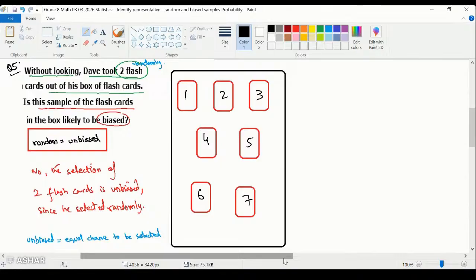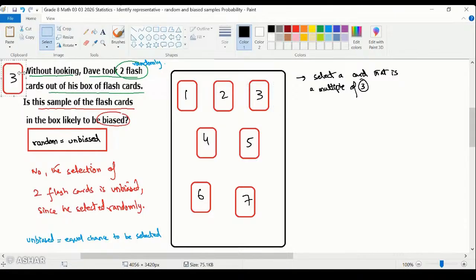If I put a restriction and say select a card that is a multiple of 3, that means you can only select 2 cards over here. You can select 3. I am bounding you over here, right? Or you can select a 6. You cannot select anything else. These 2 cards can be selected only, right?